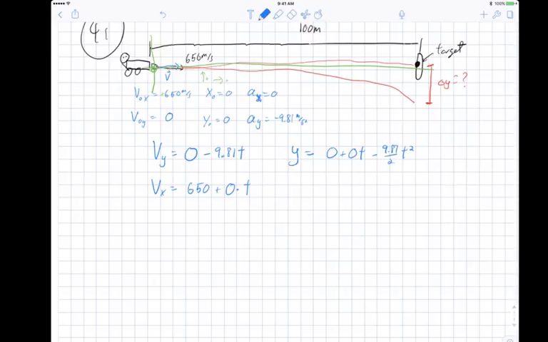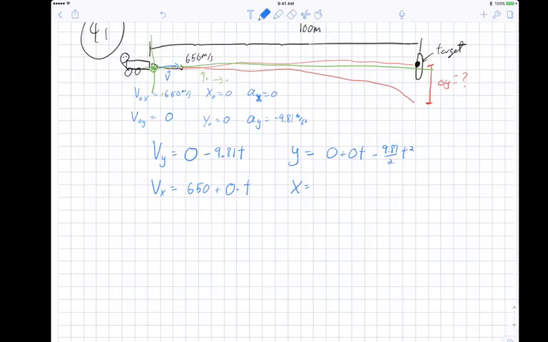And x is going to be... come on, look at that. Stop being so buggy. Right, initial position 0.